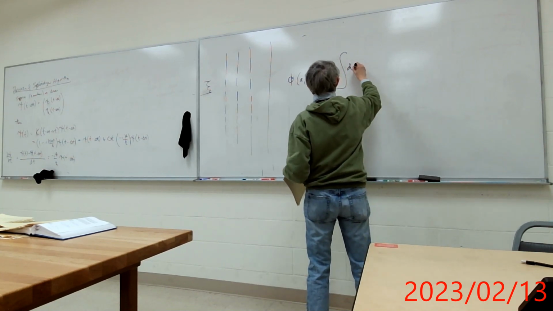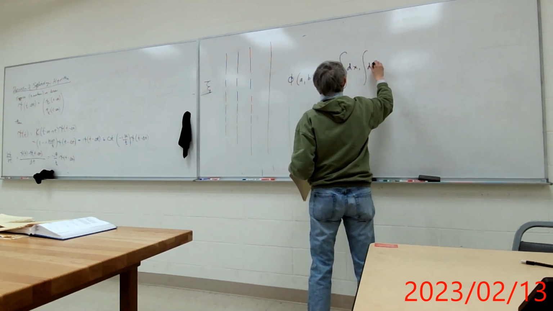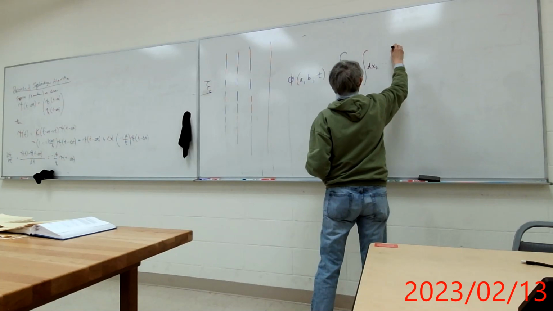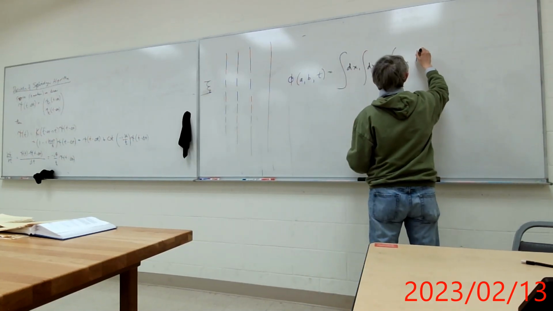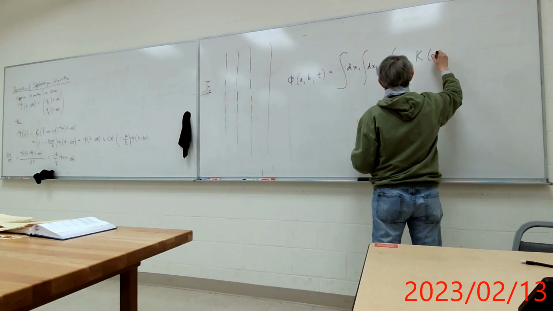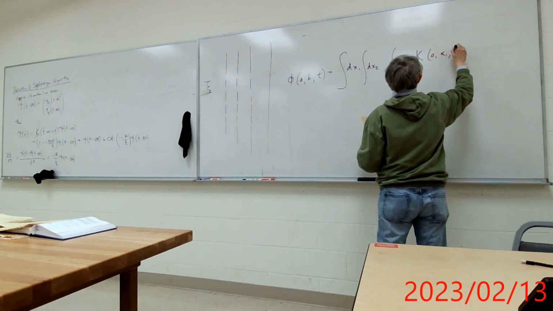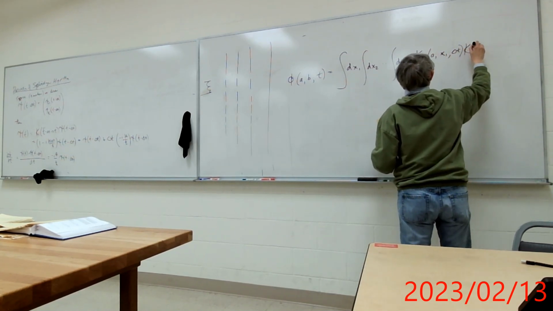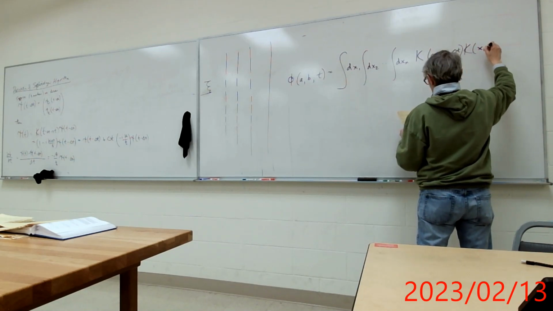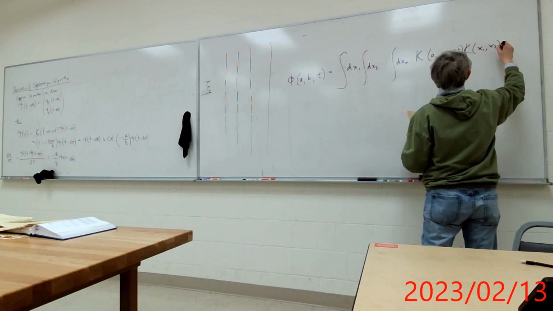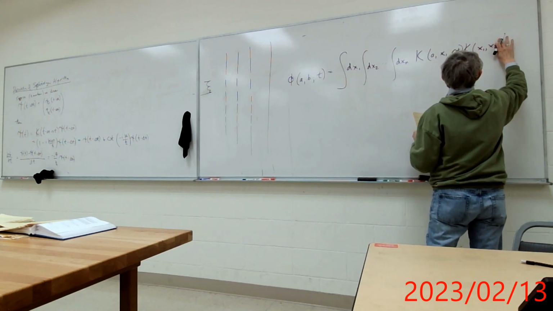So this is dx1, dx2, dot, dot, dot, dxn of K of A to x1 in delta t, K of x1 to x2 in delta time, velocity, sorry.